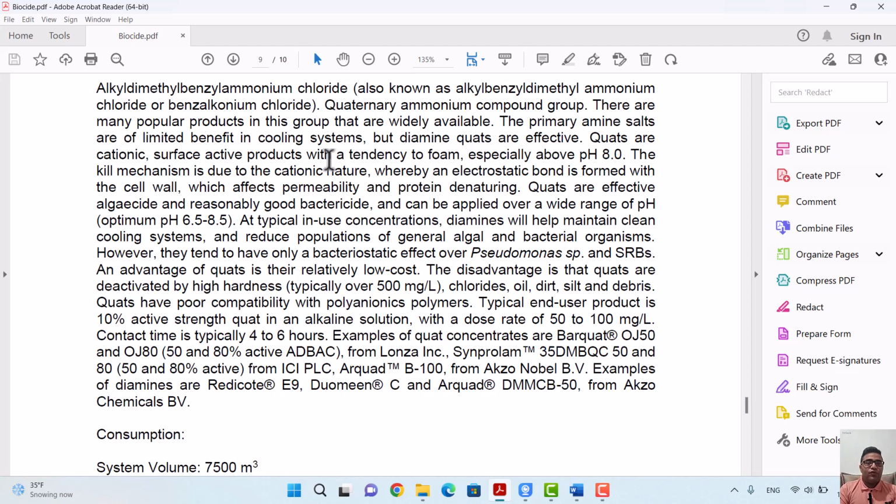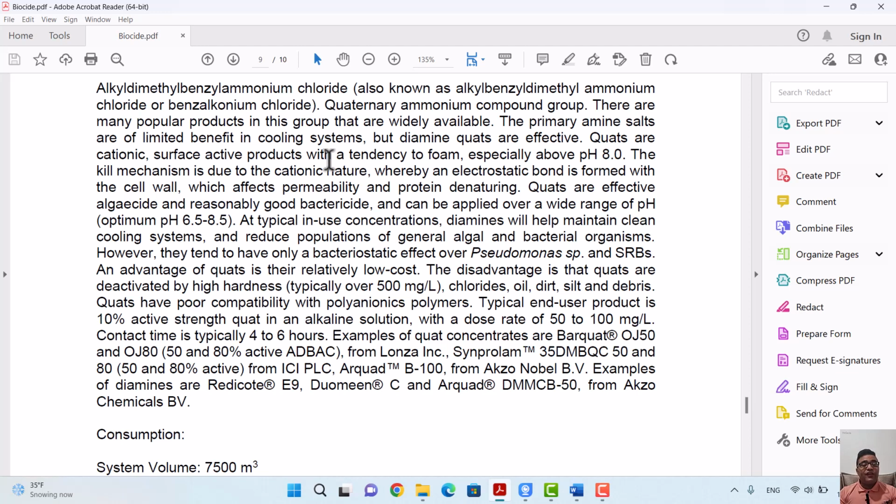I consulted the manufacturers, and they gave me this catalog and said these have surface-active properties, so they can help reduce the consumption of biodispersants. And of course, we did so.